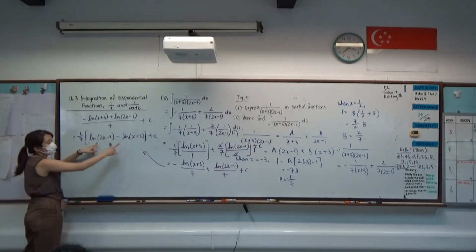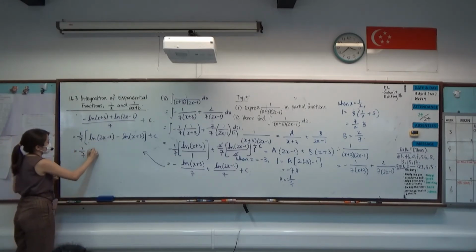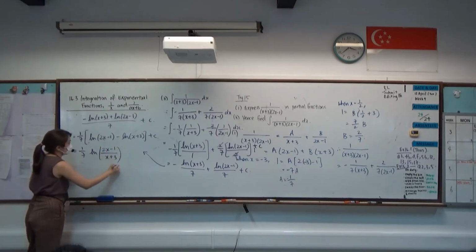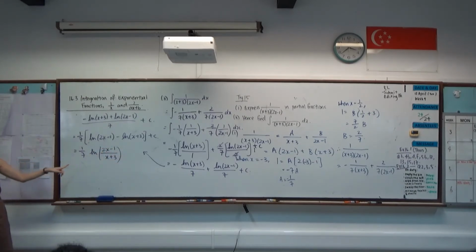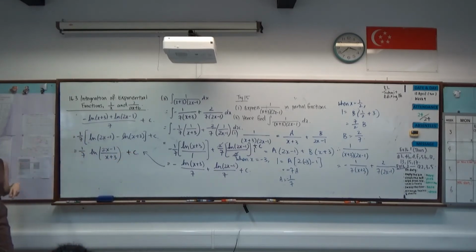When two logarithms minus each other, you can combine them and express as a fraction like this, using your logarithm laws. Then plus c. So depending on the question, adapt accordingly to the context.